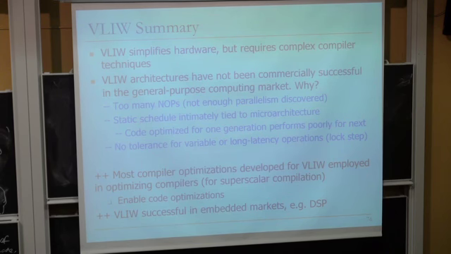Does reordering benefit a machine that does interlocking? The answer was yes, because you could eliminate some stalls. So all of those optimizations developed to do code reordering actually help dynamically scheduled out-of-order superscalar machines also, because they reduce stalls. And VLIW has been very successful in embedded markets. If you buy a digital signal processor today from TI, it's a VLIW processor.